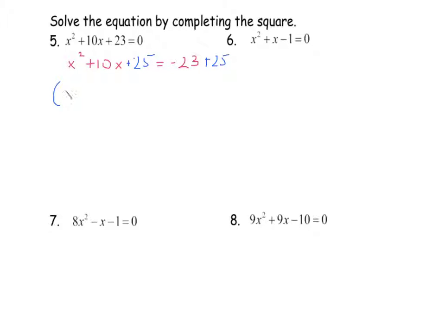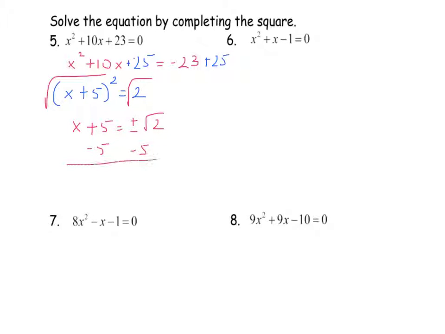So I can say x plus 5 as a perfect square binomial squared will equal negative 23 plus 25, which is 2. Then I take the square root of both sides and get x plus 5 equals plus or minus root 2. Subtract 5 and get x equals negative 5 plus or minus root 2 as the answer.